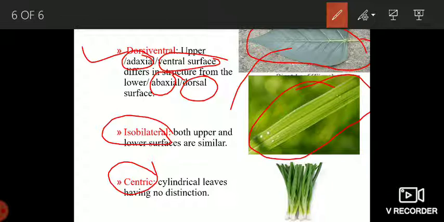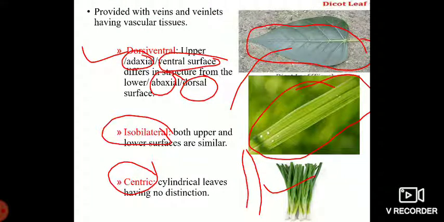These are the cylindrical leaves where we do not have any distinction of the upper and lower surfaces because these leaves are cylindrical, okay. These are cylindrical, these are tube like. Example is onion, okay.